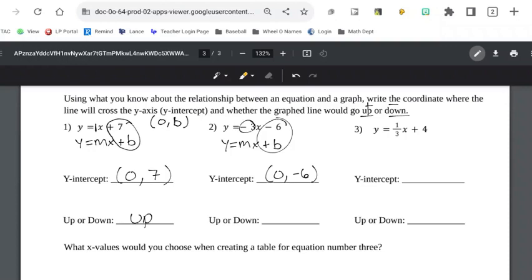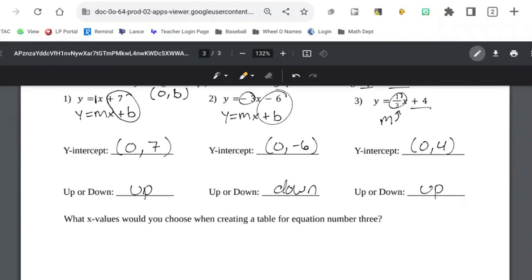So because it's negative, it is going to be headed down. Our last example, we have 4 for our y-intercept, 0, comma 4. And our slope is positive 1/3. Even though it's a fraction, it's still positive, and therefore it will go up.